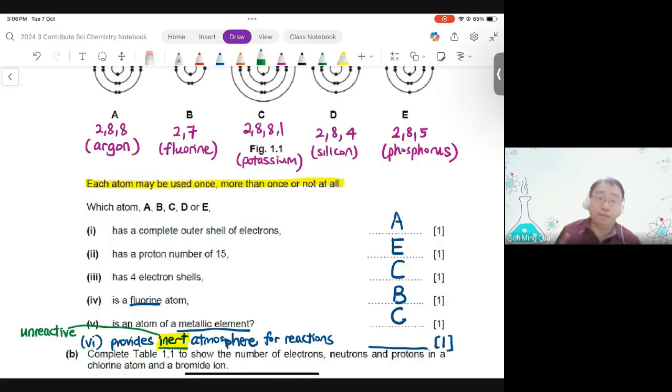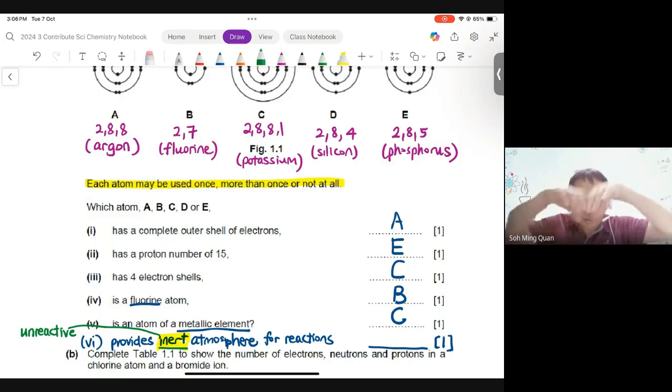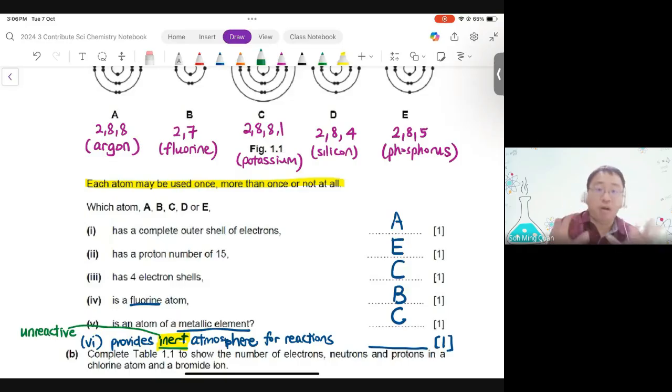So very often, to ensure that we do not have other reactions happening, we need to use an environment, an atmosphere that is inert, that will not react with our substances. For example, whenever you are doing reactions with potassium, potassium is highly reactive. It reacts with water, even the water vapor in the air. It reacts with oxygen in the air. So if you wanted to minimize these unnecessary and unwanted reactions, we will use an inert atmosphere.